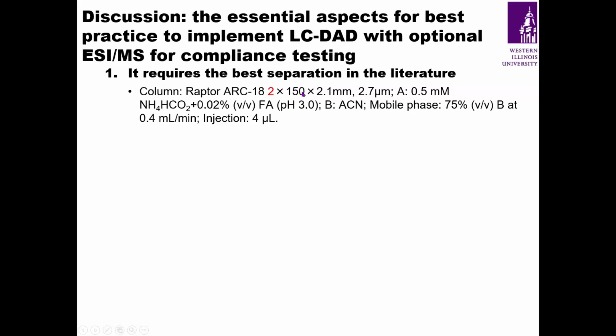Column dimension 150 by 2.1 millimeter, 2.7 micrometer particle size, core-shell. A solvent, 0.5 millimolar ammonium formate plus 0.02% formic acid at pH 3. B solvent, acetonitrile. Mobile phase 75% acetonitrile, flow rate 0.4 milliliter per minute, and injection volume 4 microliter.